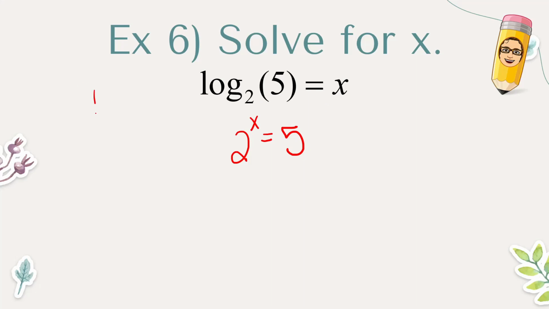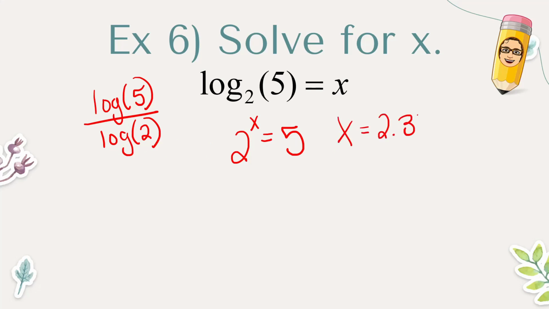Again, you might need that change of base formula, depending on what kind of calculator you're using, which would be log of inside guy, big font guy, divided by log of 2. So log of 5 divided by log of 2. We shall get an answer of 2.3219. And I would recommend 4 decimal places for that answer.